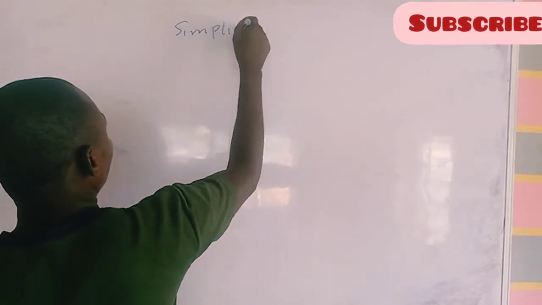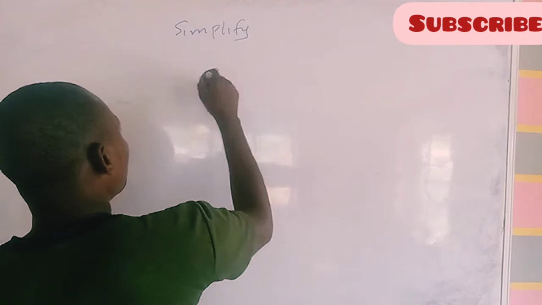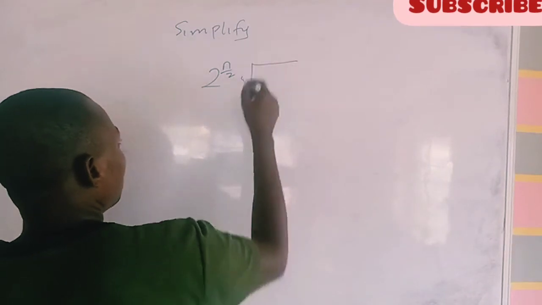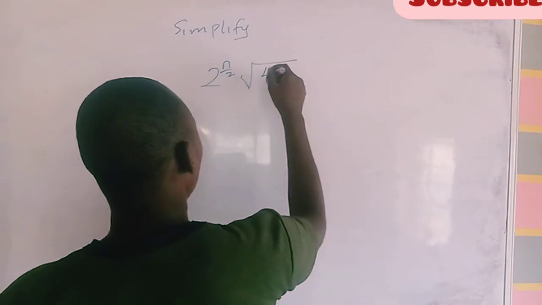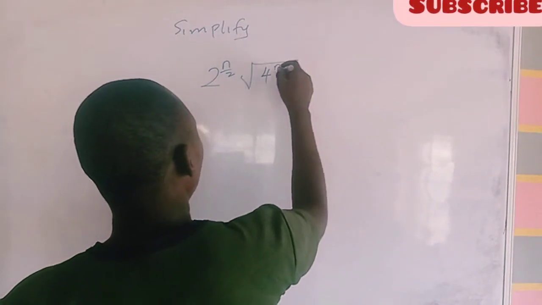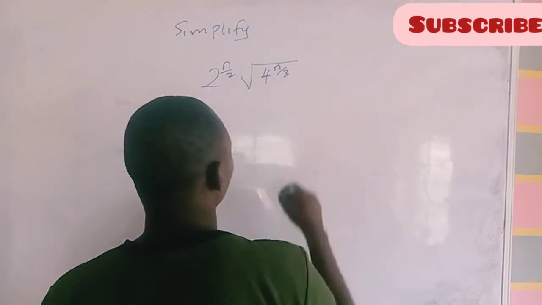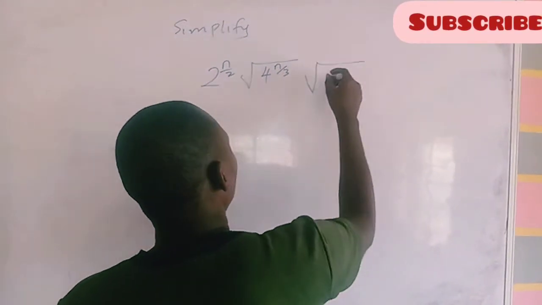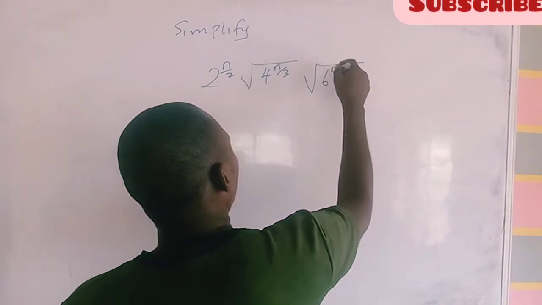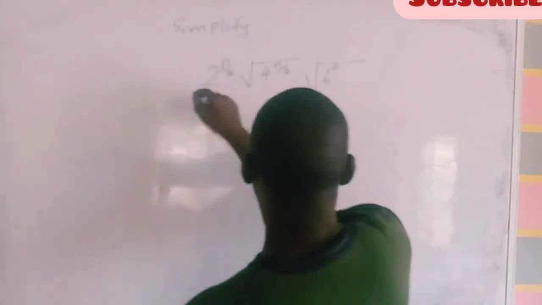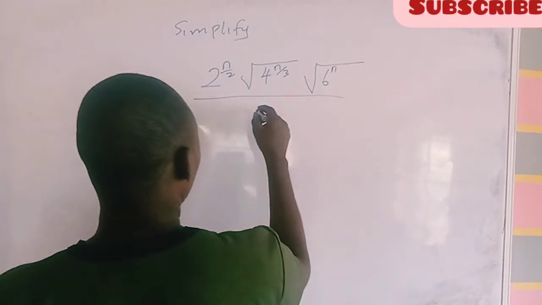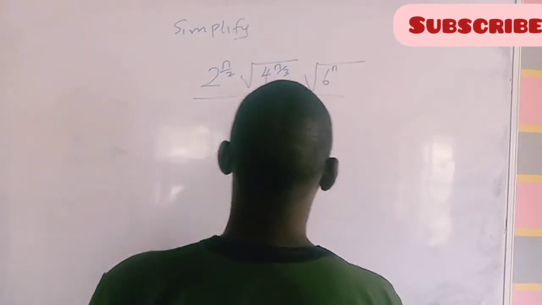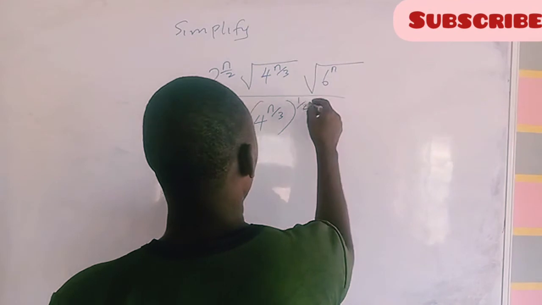Simplify 2n over 2, square root of 4n over 3, cubic root of 6n over 4n over 3, raised by 1 over 4.